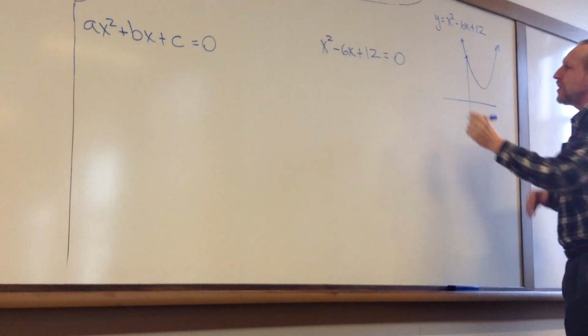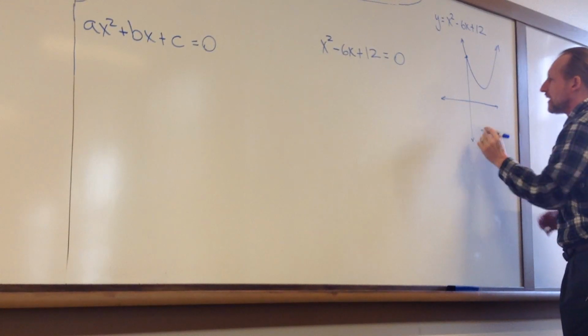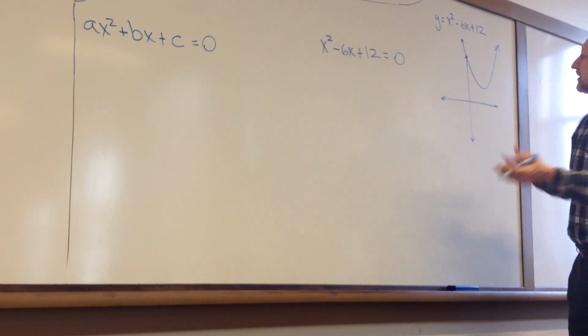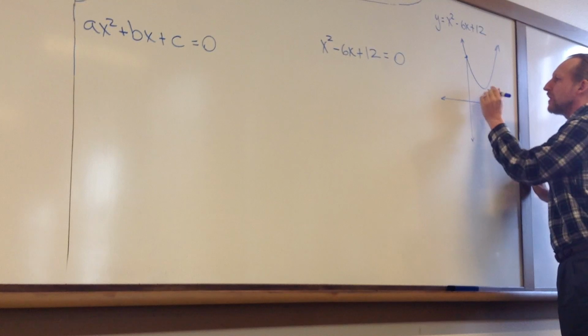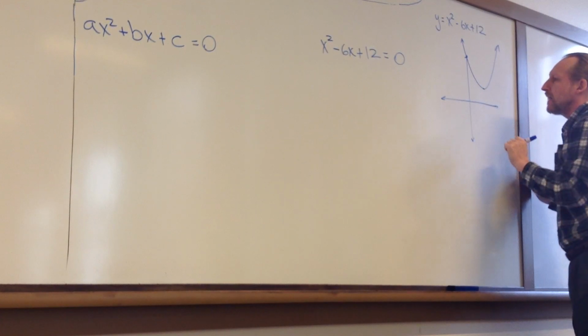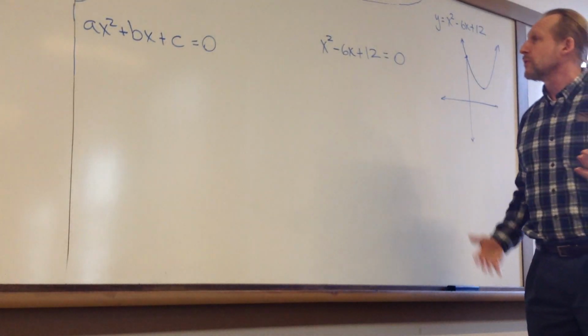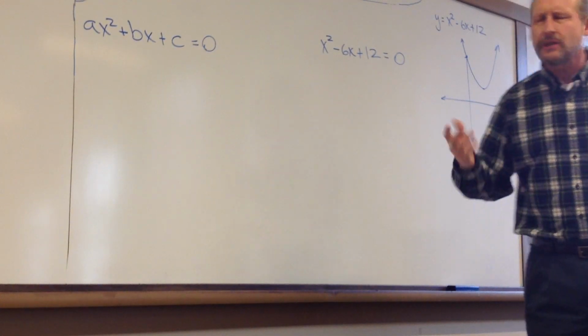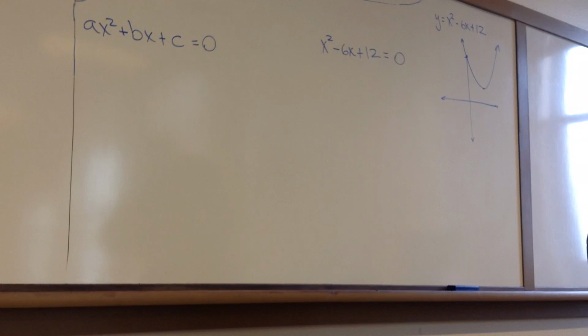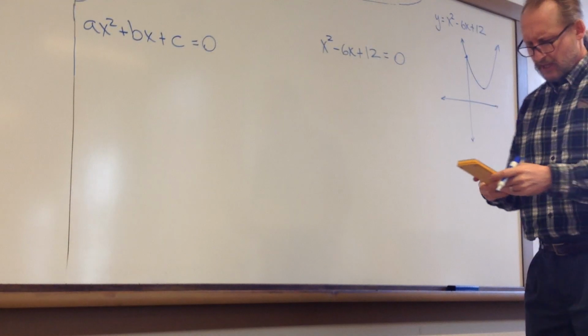But notice that there's no x values that are going to make the y be 0, right? Y is never 0. There's a minimum y value here that's a positive number. All the other y values are also positive. So let's run this through the quadratic formula and see what we get as a result here.